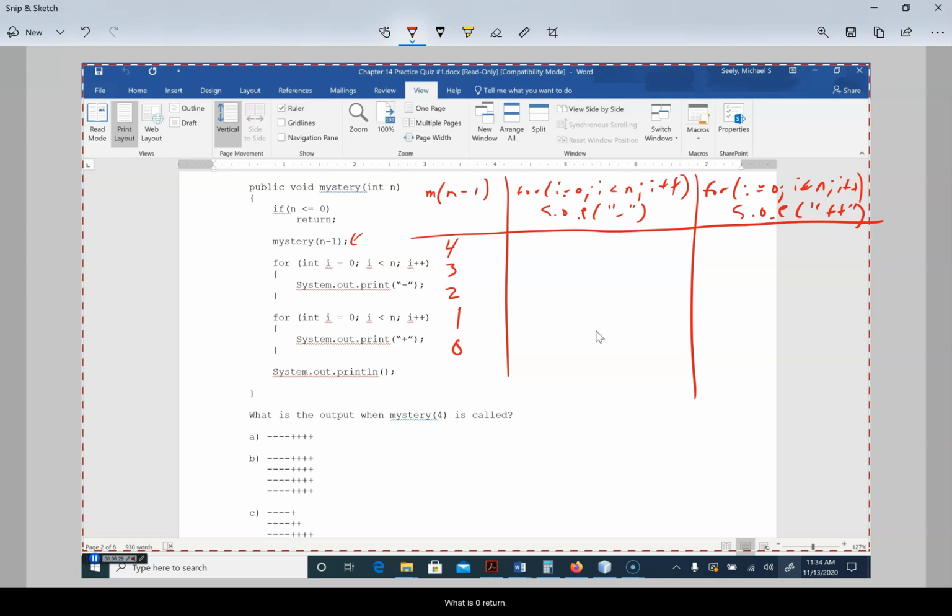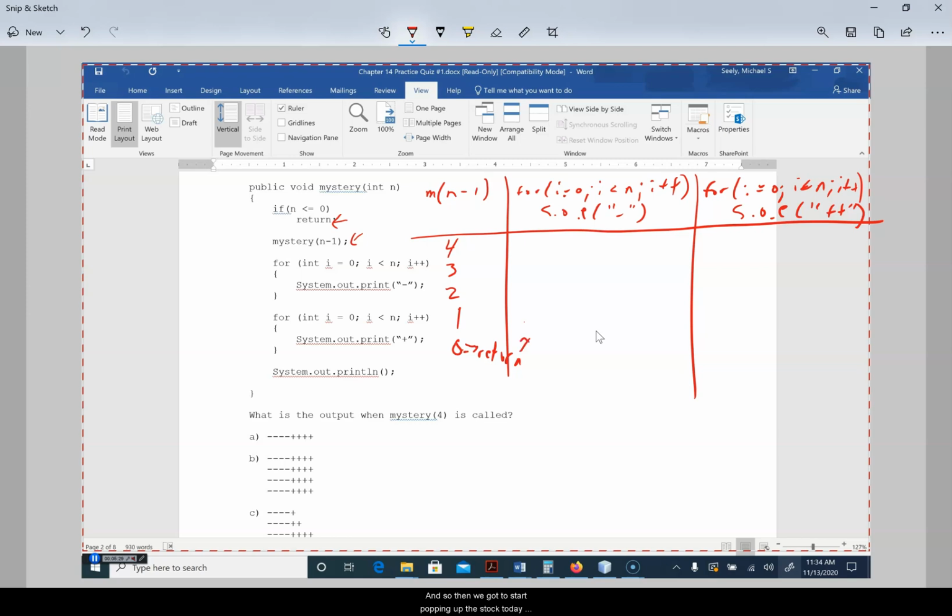What does 0 return? It just does the return. Then we have to start popping up the stack, going back up it.